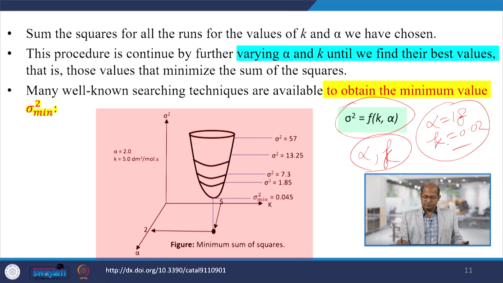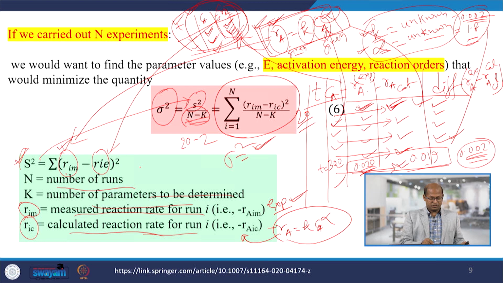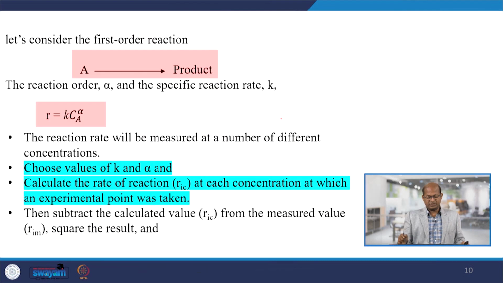Let us say alpha equals 2, k equals 5, and we substitute these alpha and k values in these equations, and the calculated rate we find out, while the experimental rate is given.